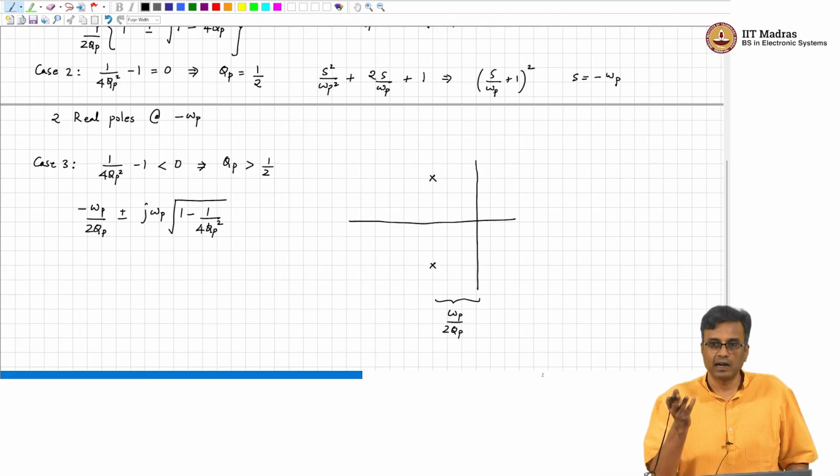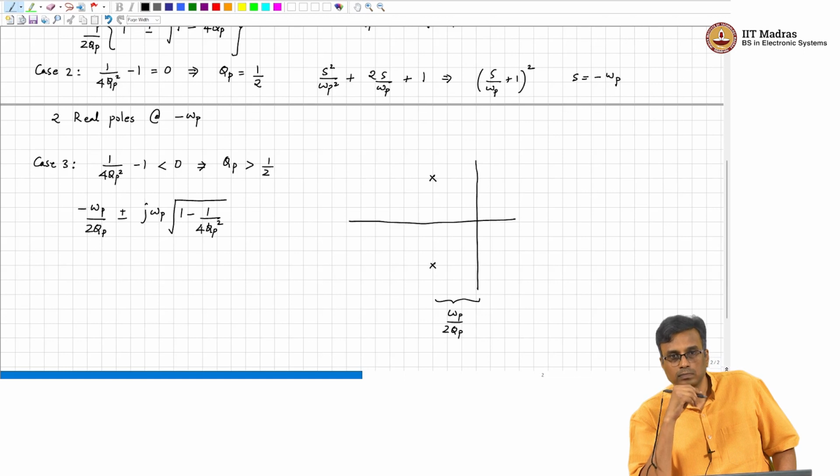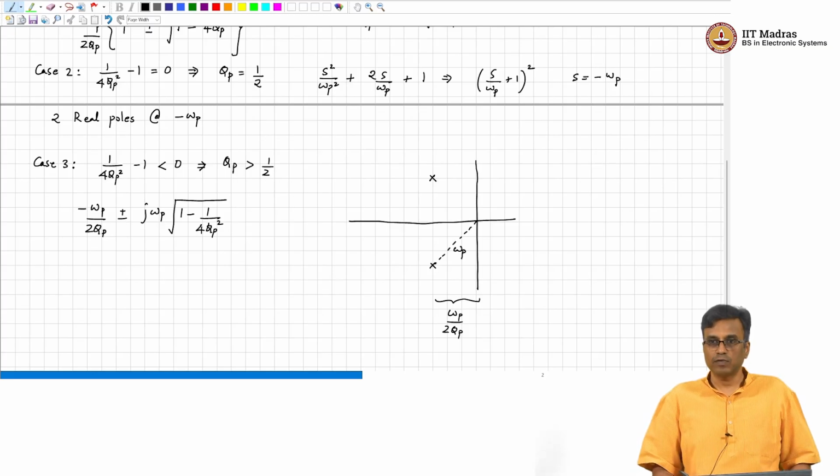Just please sit and calculate if you are not able to look at it and tell me. Omega p, very good, right. So basically this distance is actually omega p, independent of Q, correct.